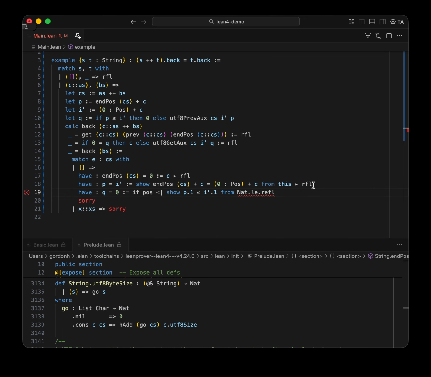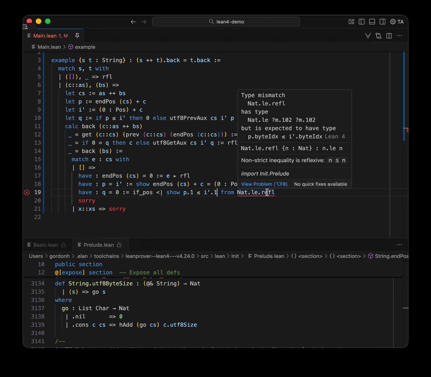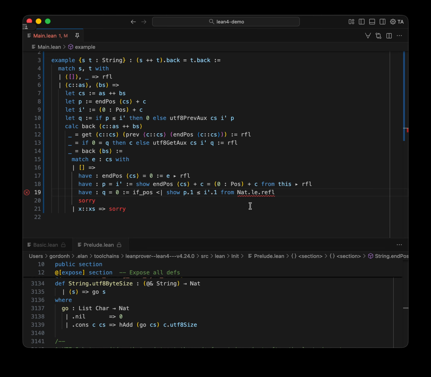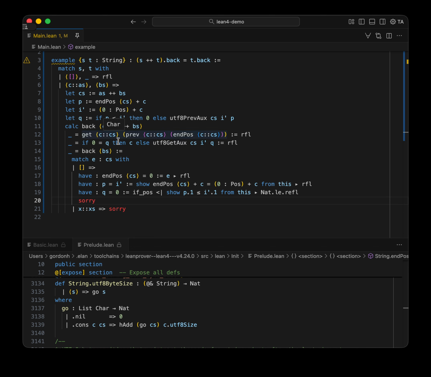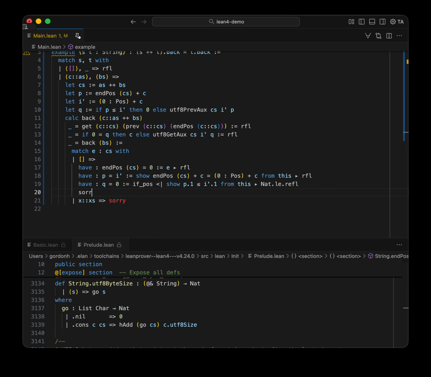Definitionally, they are the same thing. Okay, now we have Q equals 0. Say if Q is 0. Okay. We are now in this position, meaning that we're trying to prove this and this to be equal. So that's a calculation. The left hand side will be just this.